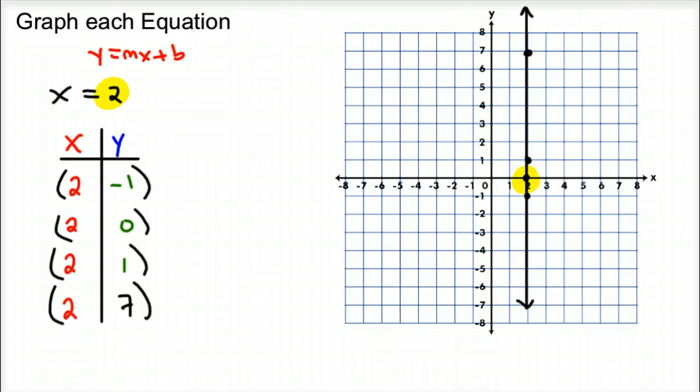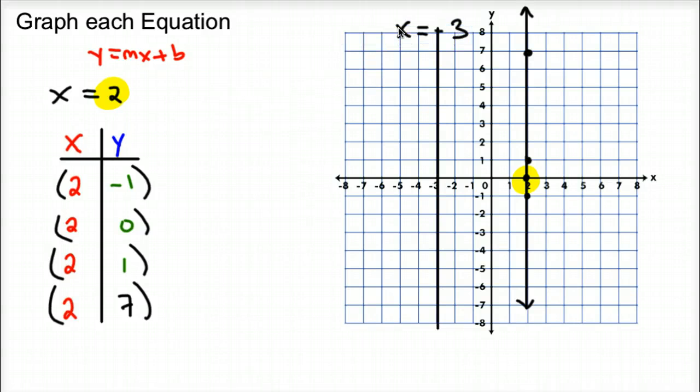So x equals 2 would look like so. If you had an equation that was like x equals -3, well then you would just have simply a vertical line going through x equals -3.